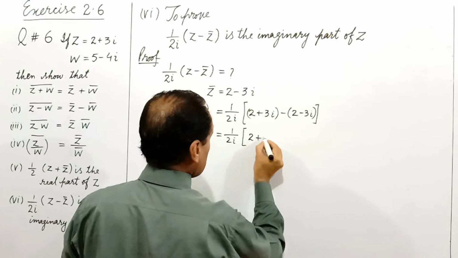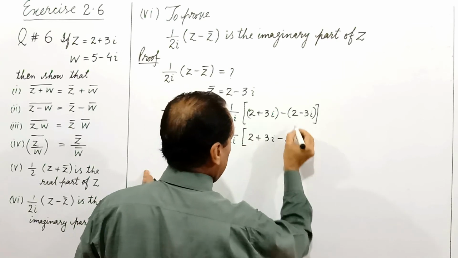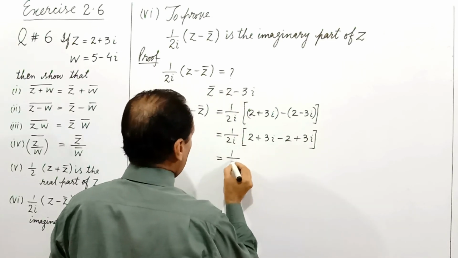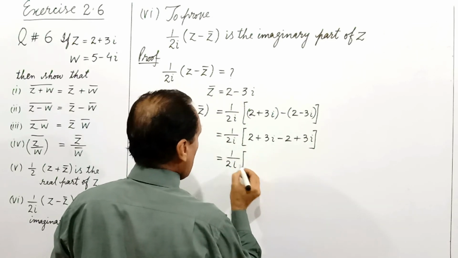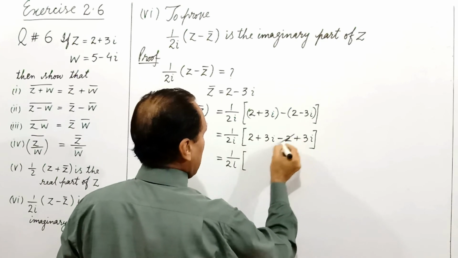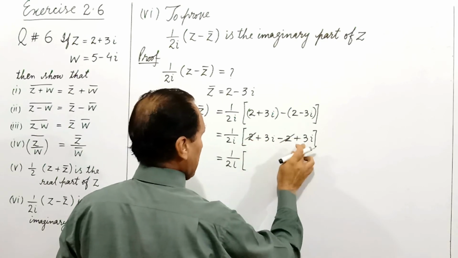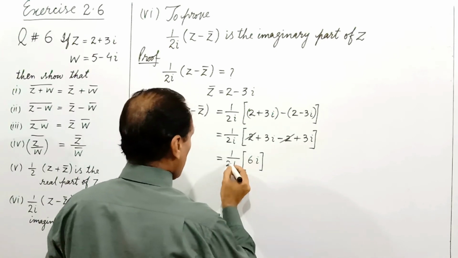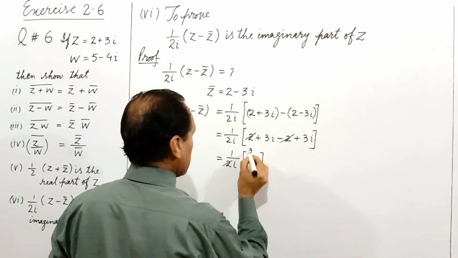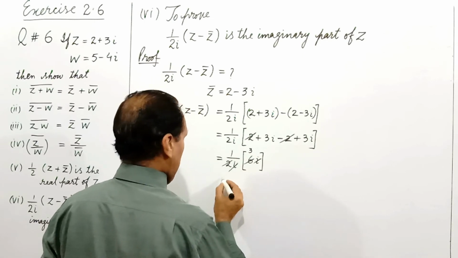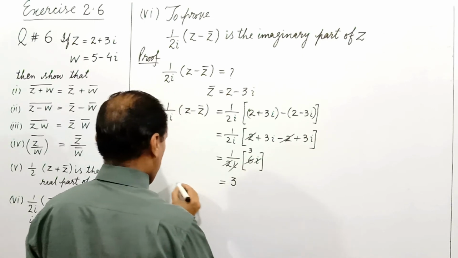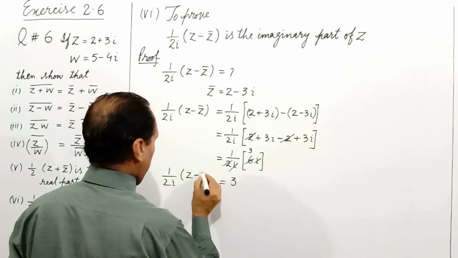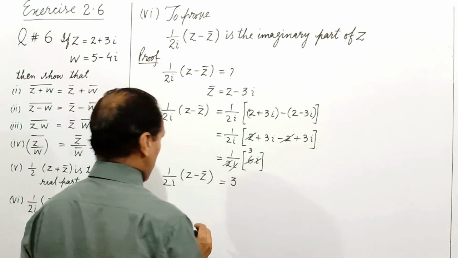So 2 plus 3 iota minus 2 minus minus plus 3 iota. 2 minus 2, like terms, different signs, cancel. 3 plus 3, 6 iota we have. 2 1s are 2, 2 3s are 6, and iota is cancelled by iota, and we get what? 3. 1 over 2 iota into Z minus Z bar is equal to 3.